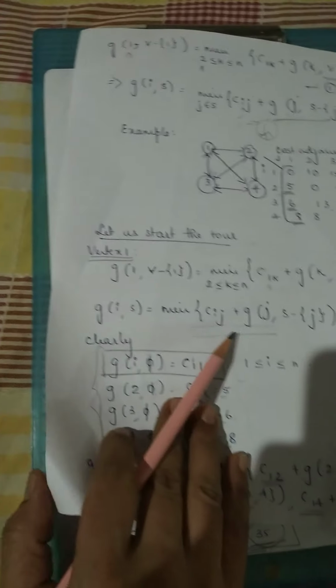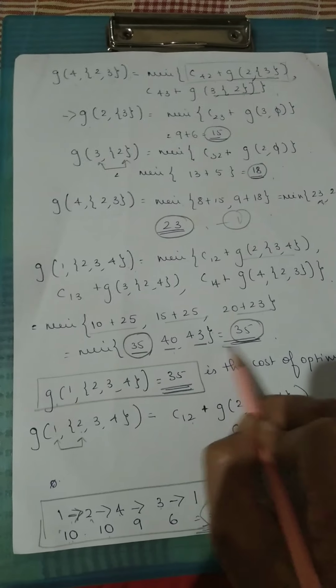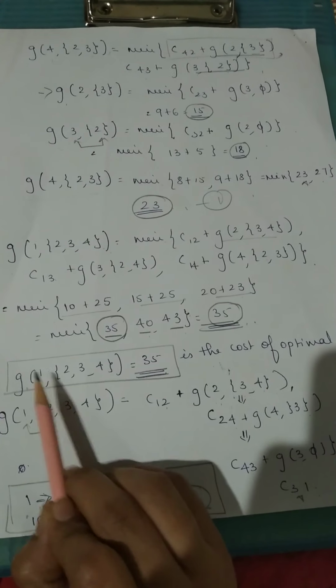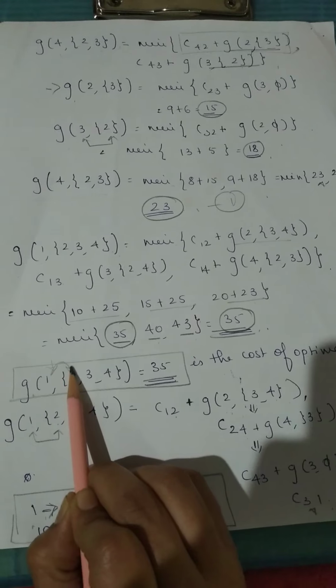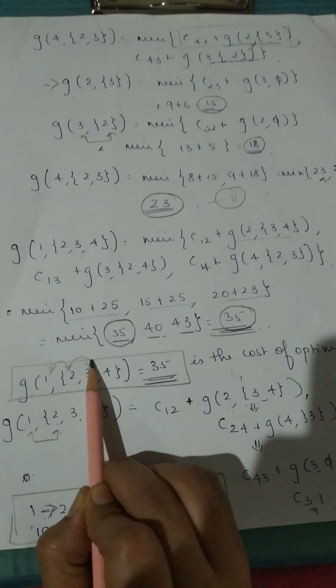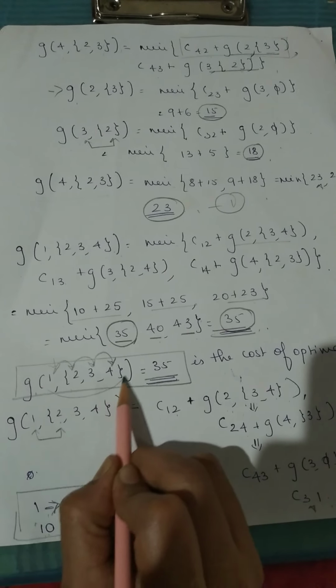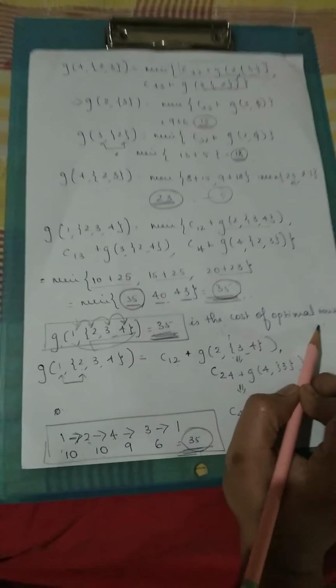When I substitute this value to main equation, I got minimum value 35. So g of 1, starting vertex 1, then move to vertex 2, 2 to 3, 3 to 4. So he'll visit all the vertices with minimum cost 35. This is the cost of optimal tour.